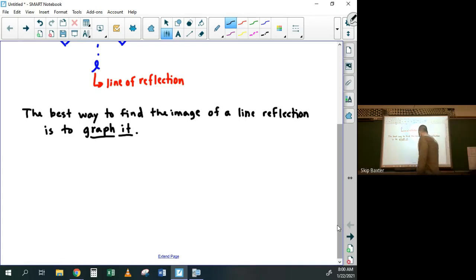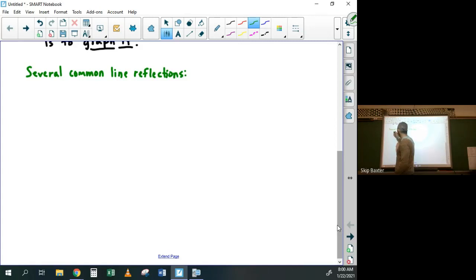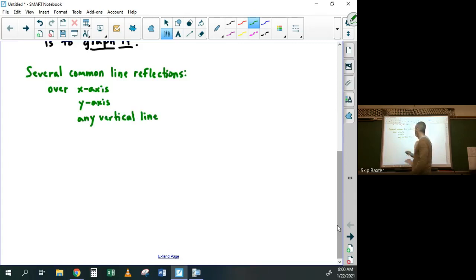Okay? So there are several common line reflections, including over the x-axis, over the y-axis, over any vertical line, where the equation of a vertical line, remember, is x equals some number.